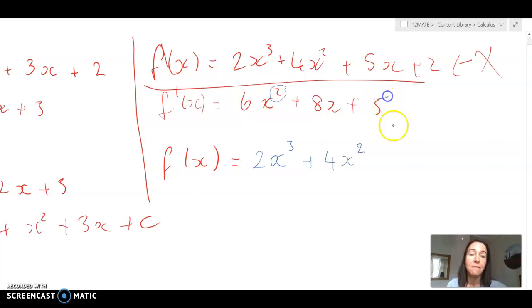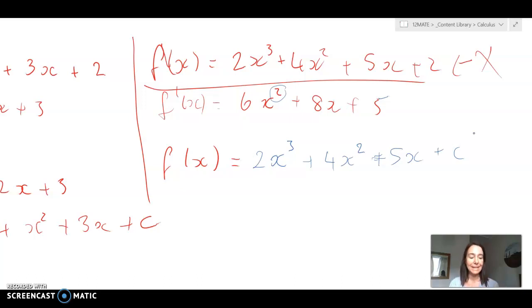And this 5 would have just been a 5x. If there's an x to the 0, which is 1, you just have to add the x in, and then some plus c. We'll look later at how to find out what that c is, but for now, don't forget to put it in. So there we have that.